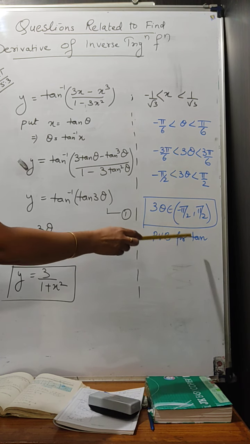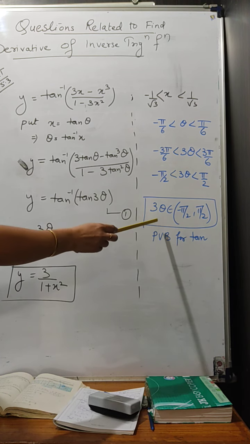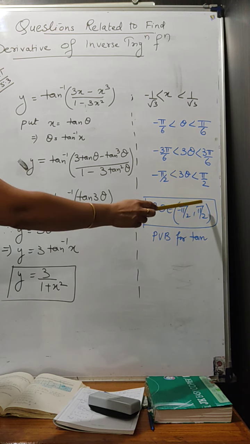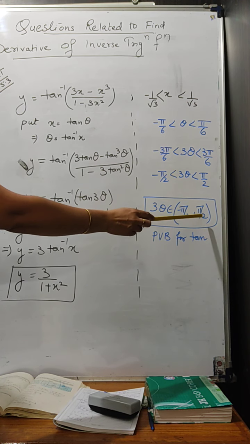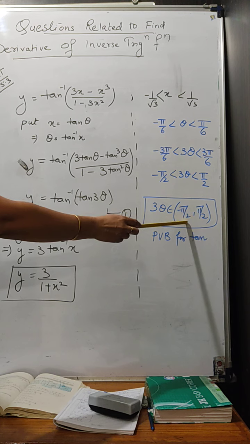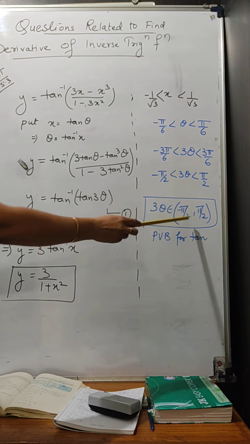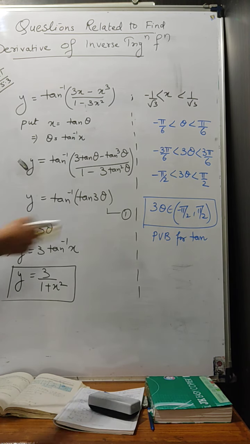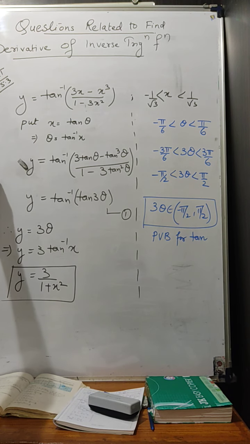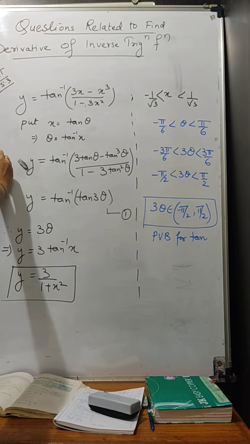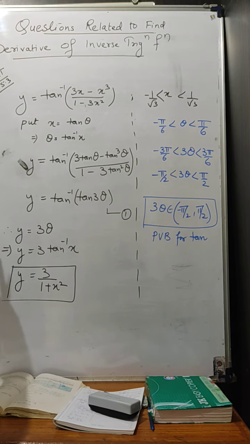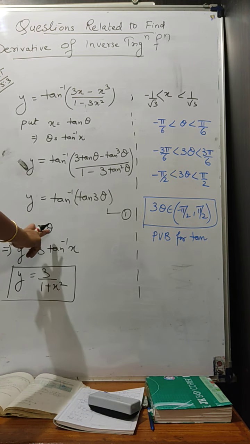And we know that for the tan function the principal value branch is the open interval minus pi by 2 to pi by 2, which we have studied in chapter 2, inverse trigonometric functions. Hence we can write f inverse of f x will be equal to x. So y is equal to 3 theta.